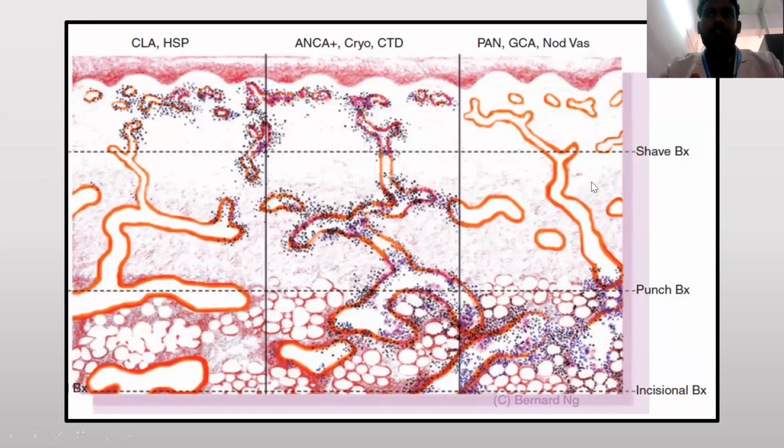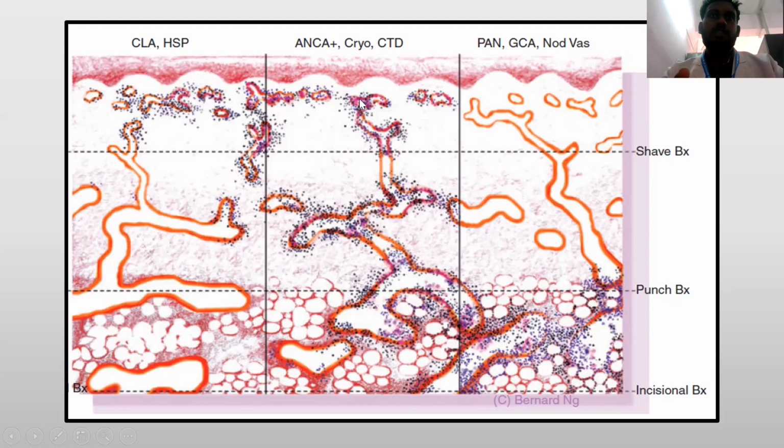Here we can see the infiltrate. We can see palpable purpura or cutaneous leukocytoclastic vasculitis, where the affected vessels are predominantly small vessels. In the case of polyarteritis nodosa or giant cell arteritis, it is towards larger vessels, so the depth involved should also be more and should include the subcutaneous tissue as well.